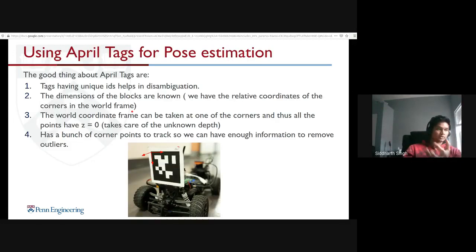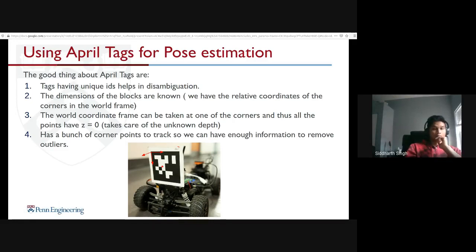So how do they help us? They help us because these unique shapes with the unique IDs help us in differentiating them from other April tags. Then we know the dimensions of these blocks or the edges or the corners that these visual tags have. That helps us in having the information about the coordinate points, right?